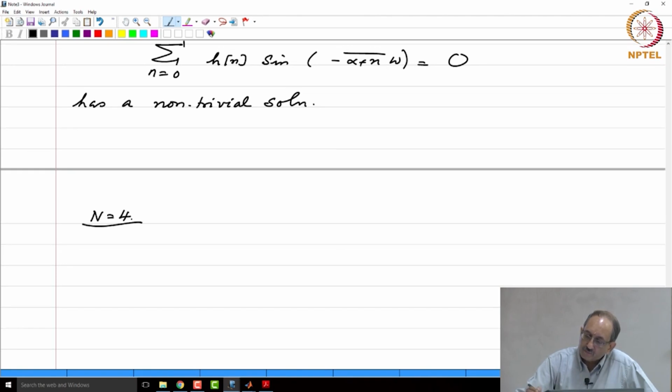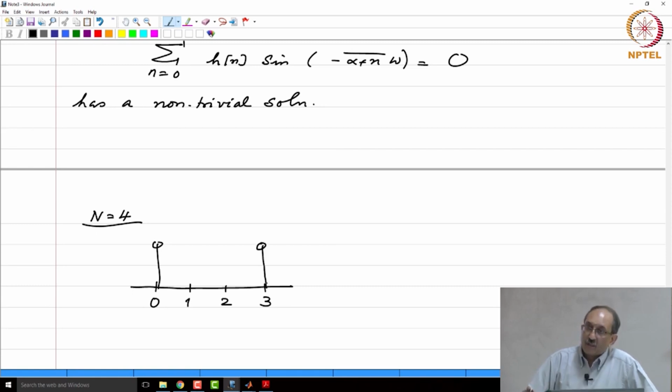Suppose n equals 4. So, the coefficients go from 0, 1, 2, 3, because you need to go from 0 to n minus 1. So, h of 0 must be the same as h of 3. H of 1 must be the same as h of 2.